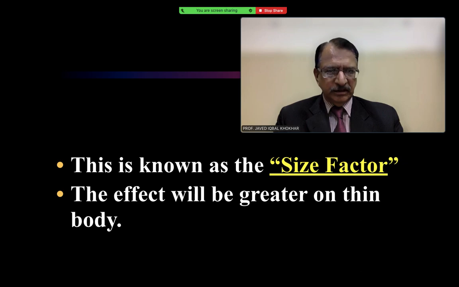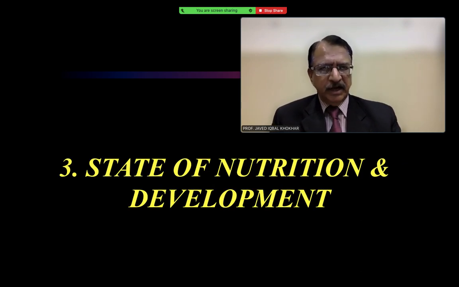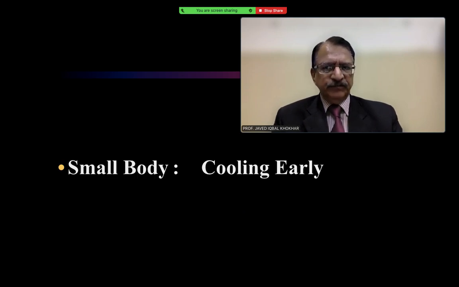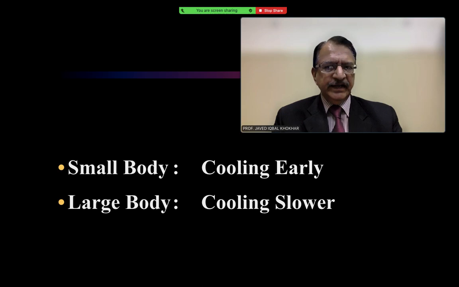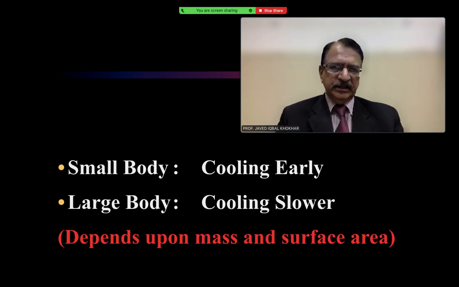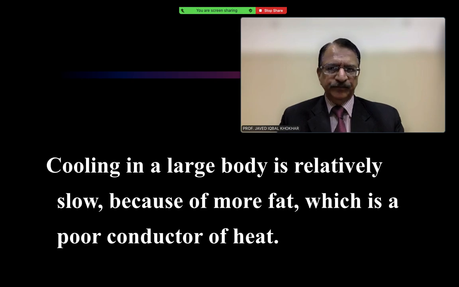Similarly, the state of nutrition: the small body cools early and the large body cools slower, depending upon the mass and the surface area. That is, if the surface area is larger, it will cool easily. If it is small, it will cool at a slower rate.